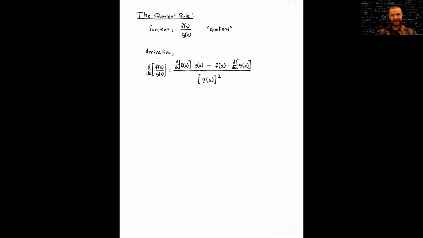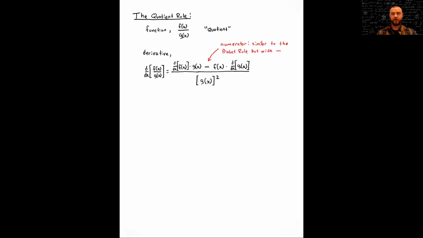Now, again, the version I have stated here is a little different than what's stated probably in a calculus textbook or other resources. The reason for that, the version I like here, is as long as you know the product rule, this statement looks very similar.